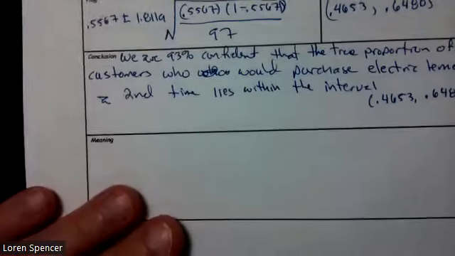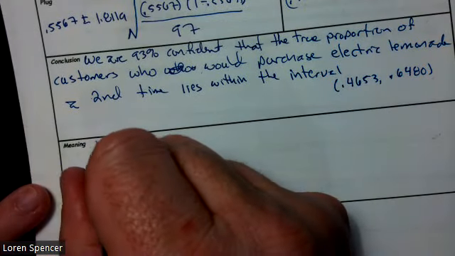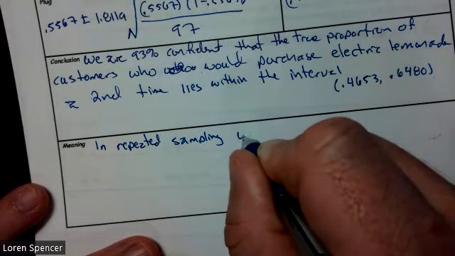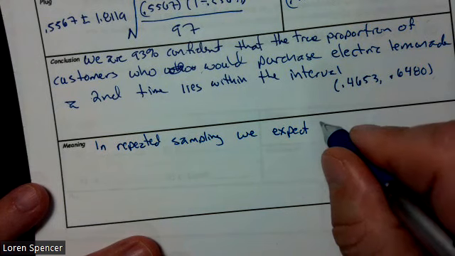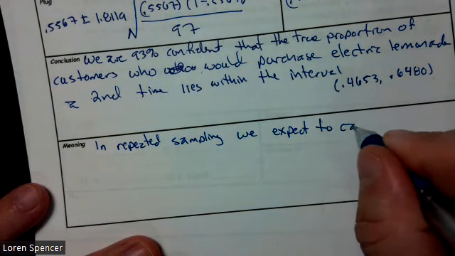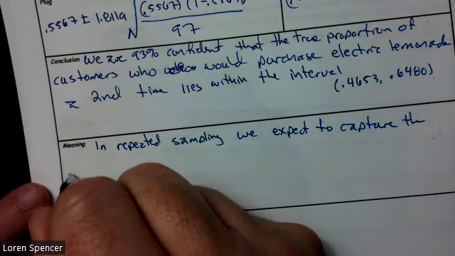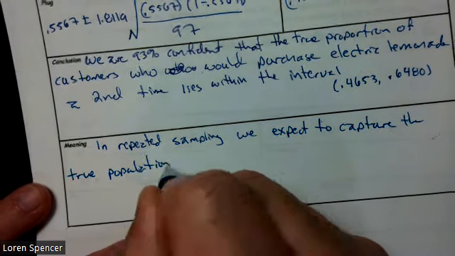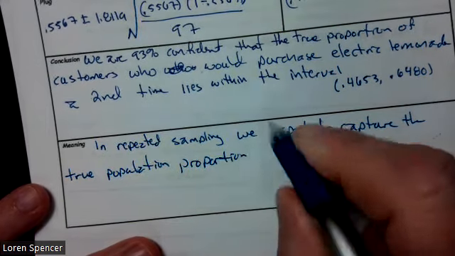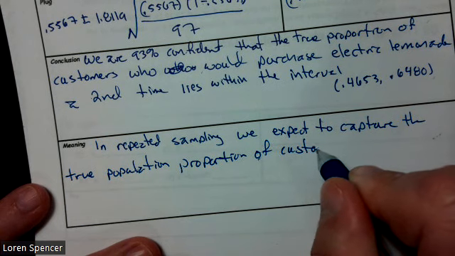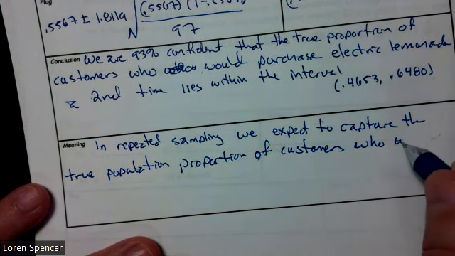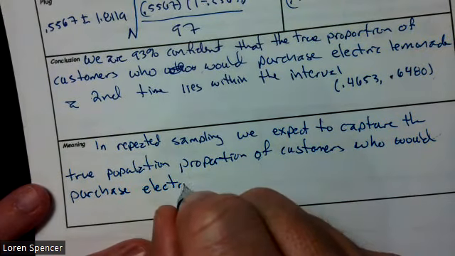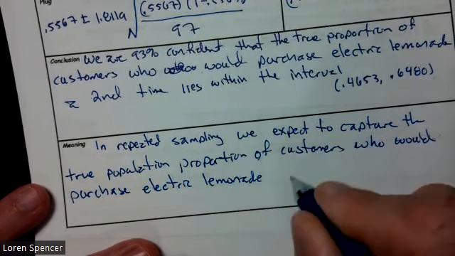Finally, what is the meaning of that 93%? The meaning is, in repeated sampling, we expect to capture the true population proportion of customers who would purchase electric lemonade a second time.